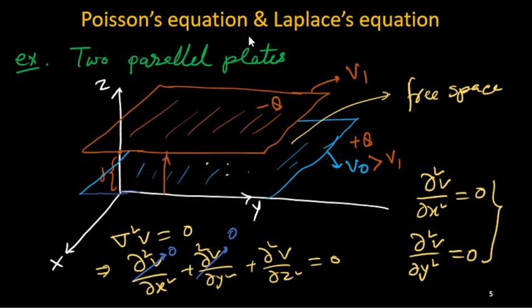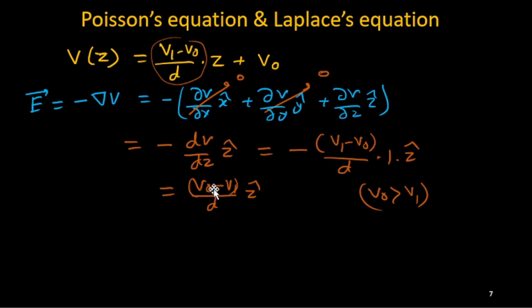I can take different colors. So these are the electric field lines, here and here it is like this. Everywhere the field is along the Z axis, and the magnitude is this potential gap V0 minus V1 upon D.